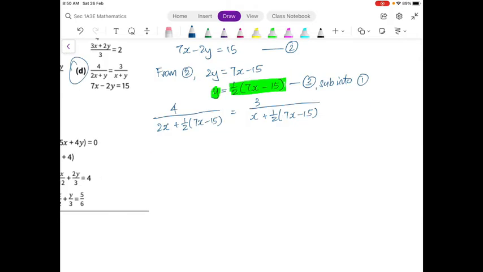Okay, so from here, there are many different things that you can do. For me, I do not like to see the half over here. So what I can do is to multiply the denominator by 2. If I were to do that, I'll get 4x, and this half would disappear.